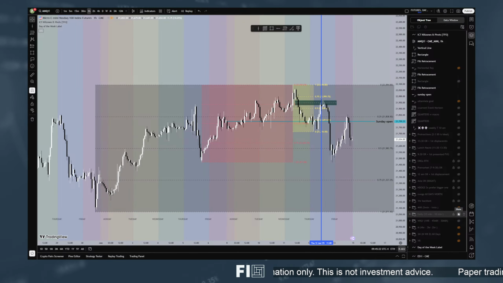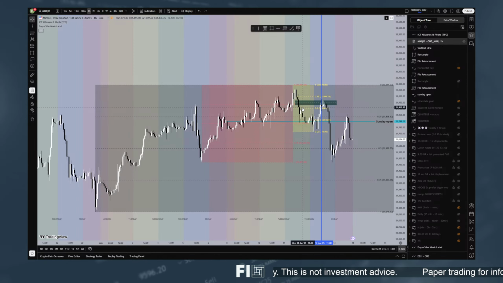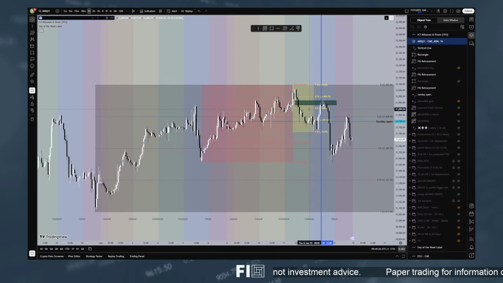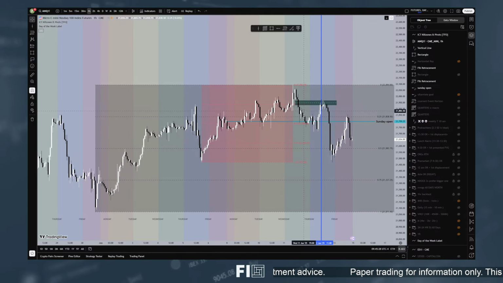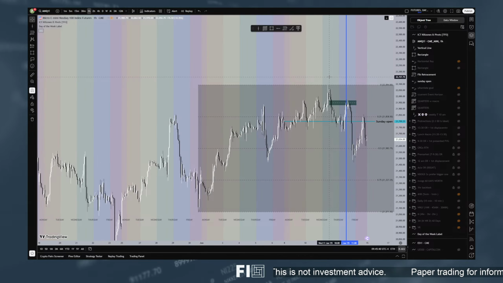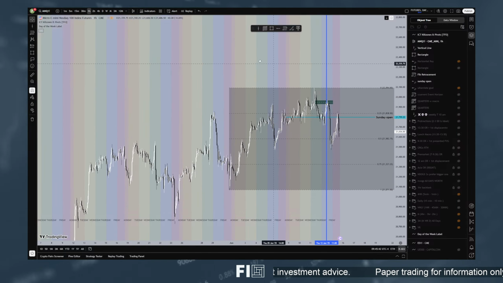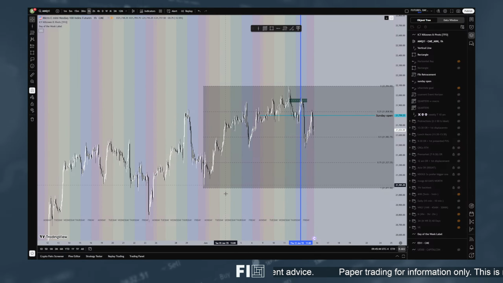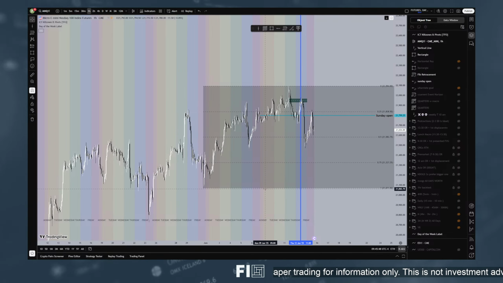Okay, now let me get this thing ready, set up for Monday. But yeah, I'm anticipating this to be a type 2 dealing range where we will eventually hit down this low right here.